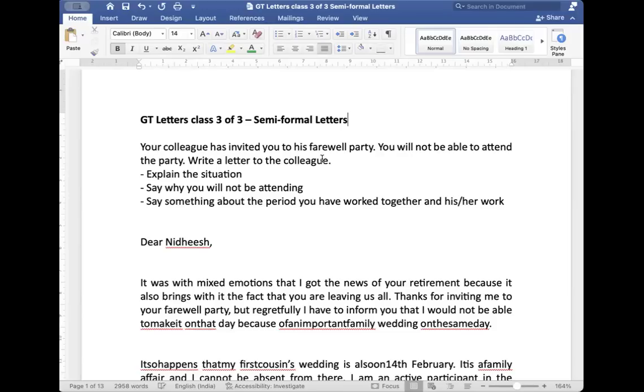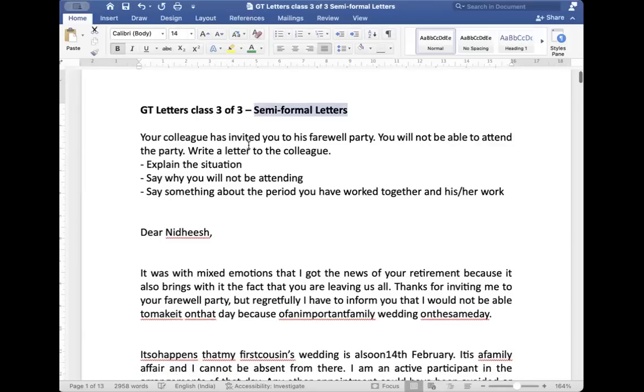I haven't seen any letter to a family member in the IELTS writing so far. So a letter to a friend is an informal letter, and a letter to your boss, to a school principal, to a bank manager, to a restaurant owner, to the airport authorities, to anybody, those are formal letters. And semi-formal is neither formal nor informal.